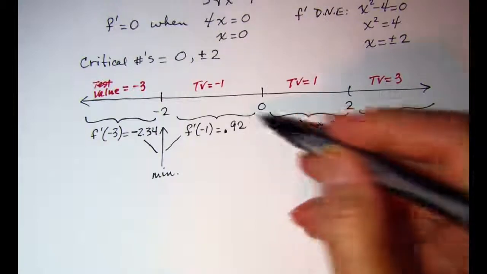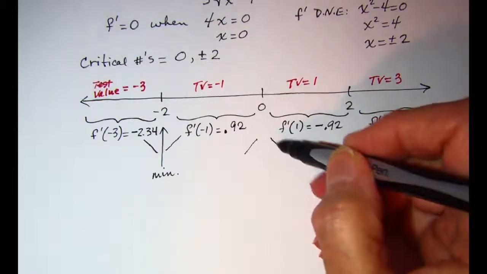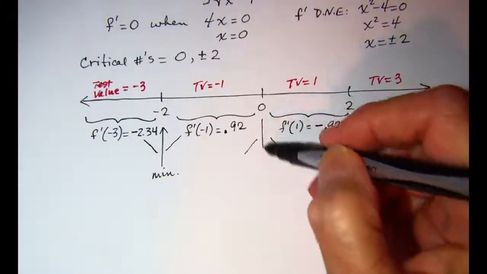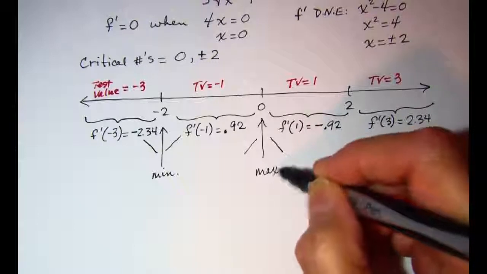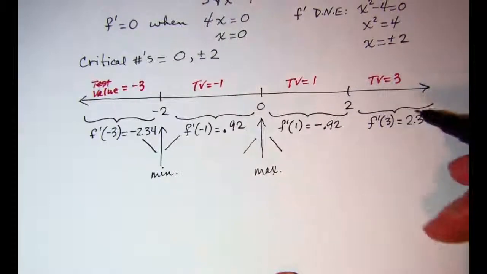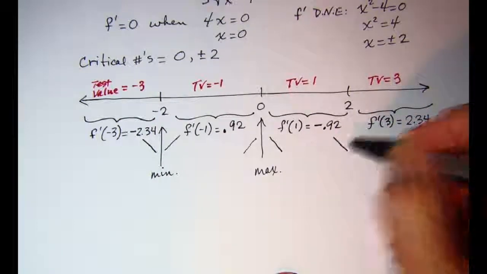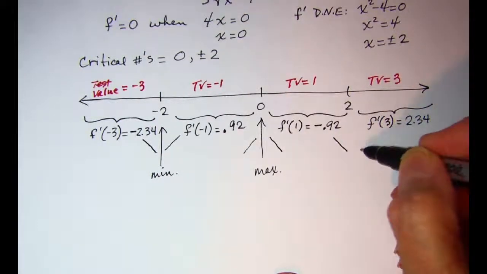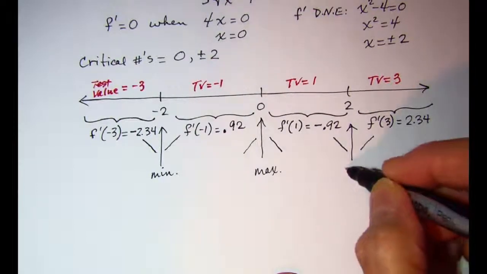On this interval, I have a positive derivative. On this interval, I have a negative. So this critical number represents a max. And then in this interval, I have a negative. This interval is a positive, so this critical number is a minimum.